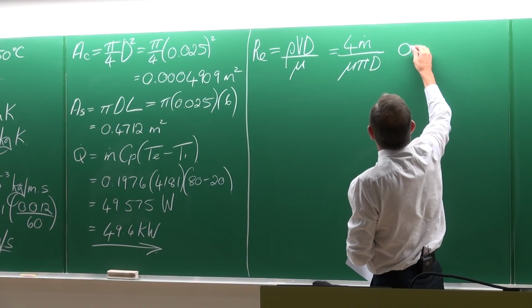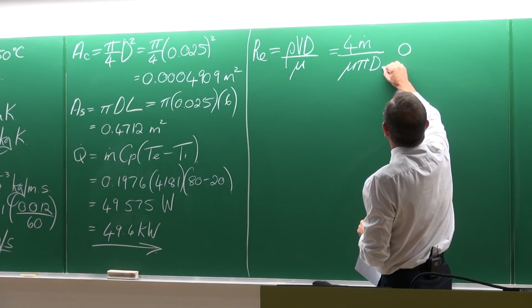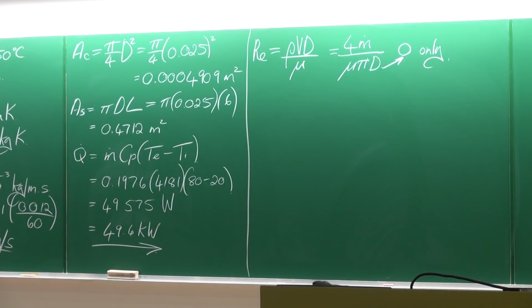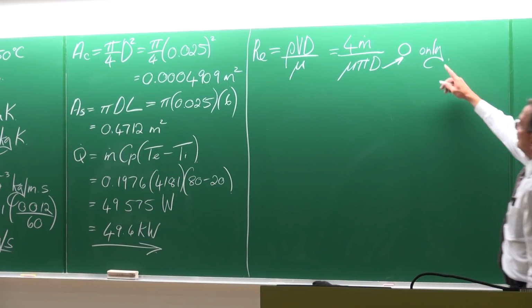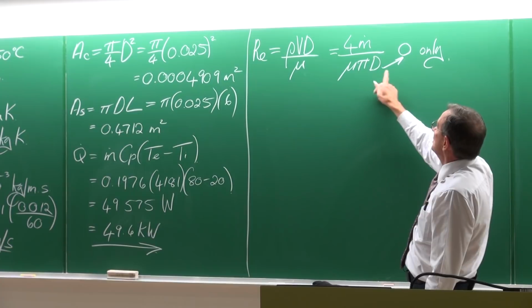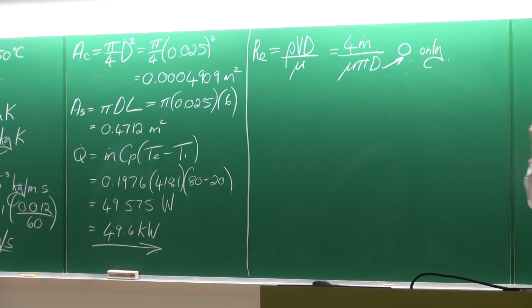Now remember, this is only valid for a circular tube. If you haven't written this, I would recommend you add this equation to your textbook where that is given, but make the note: remember, it's for a circular tube only.